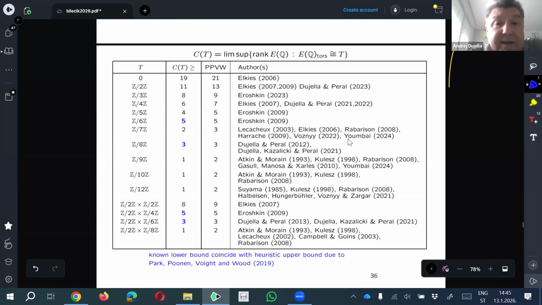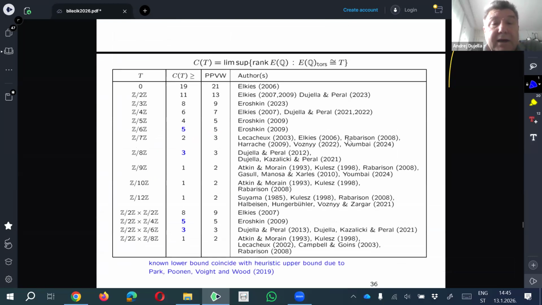And the last table is somewhat motivated by application. So I didn't plan to speak about application, but elliptic curves with large torsion have application in factorization, in the Lenstra factorization method, but the missing ingredient is that large torsion and positive rank are needed.